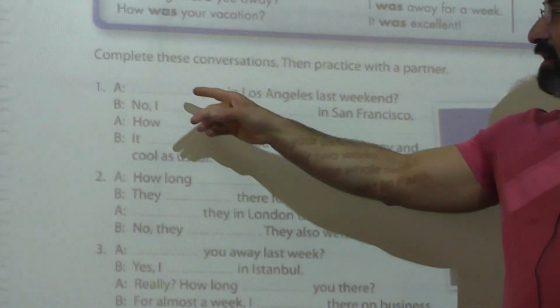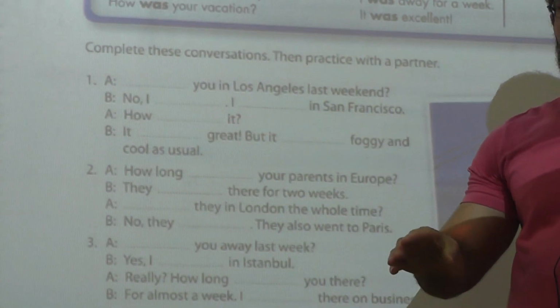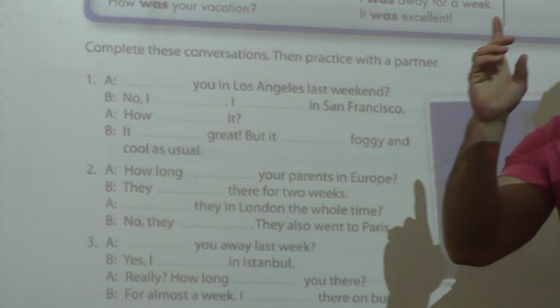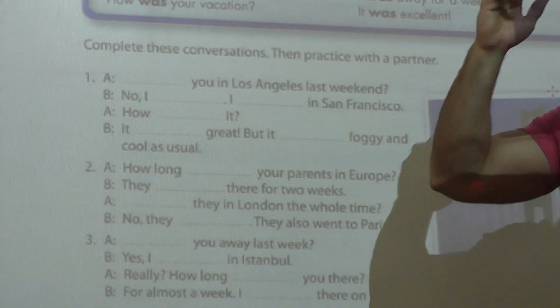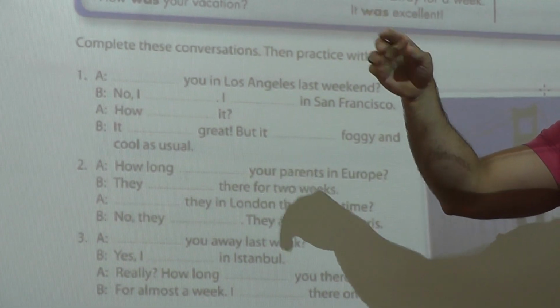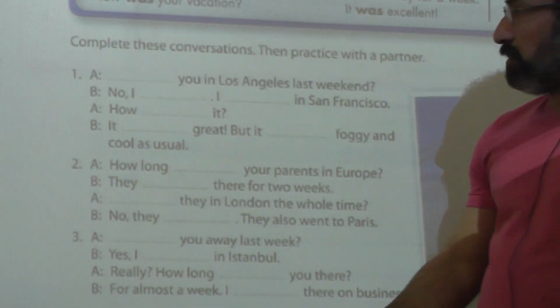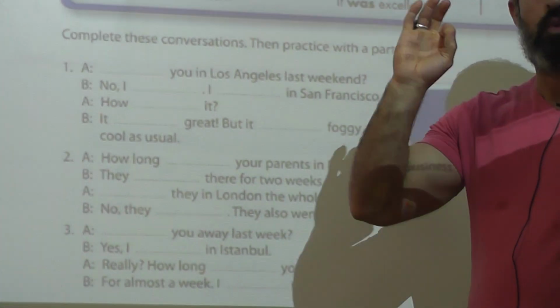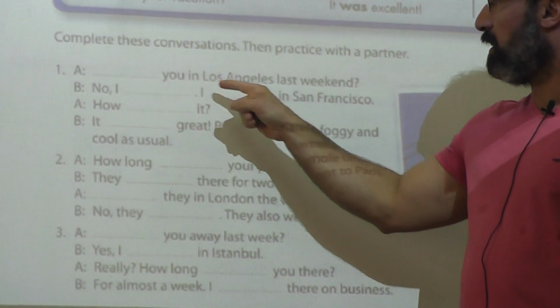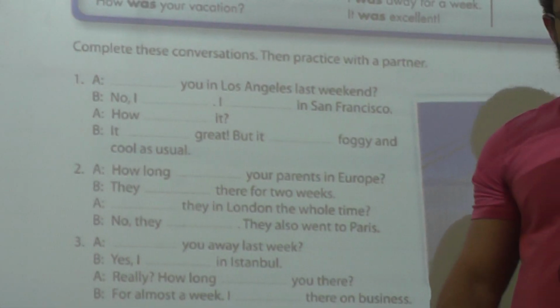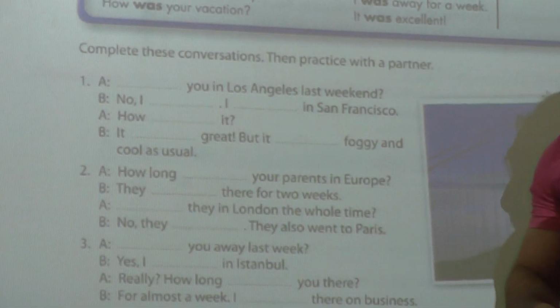So again, is it was you or were you? What do you think? Don't forget that you, they, and we should be accompanied with were. So, were you in Los Angeles last weekend? Were you in Los Angeles last weekend?